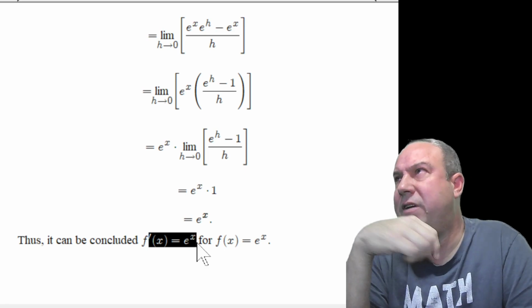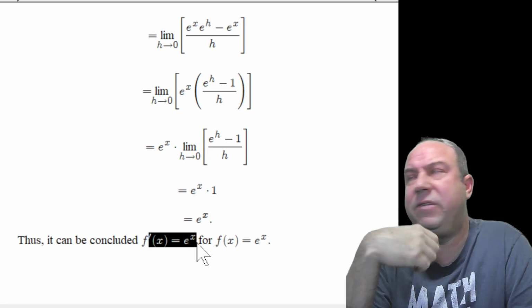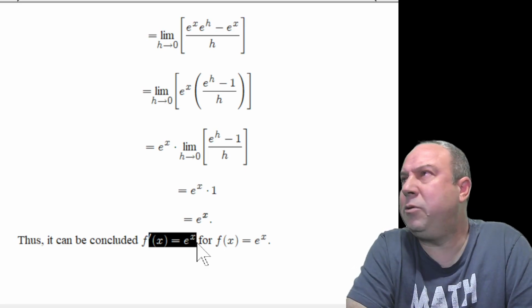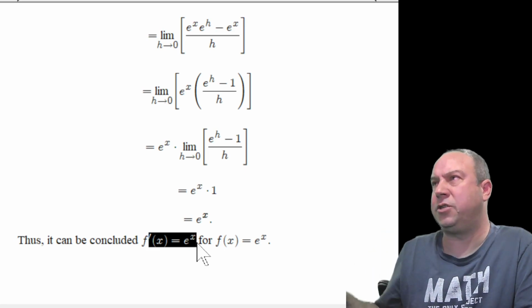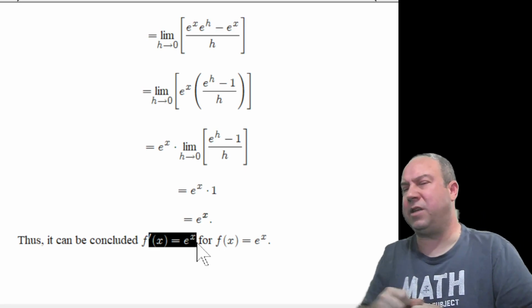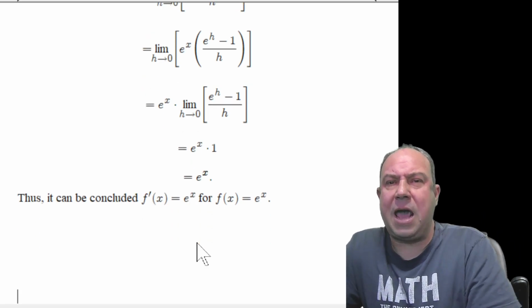The derivative of 0, being the derivative of a constant, is also equal to 0. That's the only other function type whose derivative is equal to the function itself.